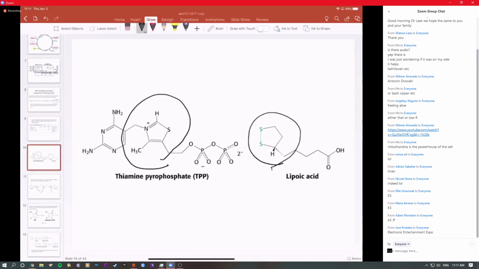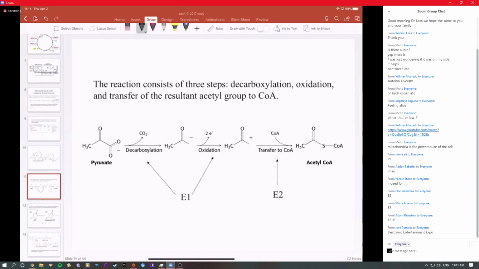So shown here is, in schematic form, what takes place. We'll go into it in much more detail in the next few minutes. But what happens here is you start with pyruvate, you release CO2, and you get, in effect, a carbonyl group here and a negative charge here.